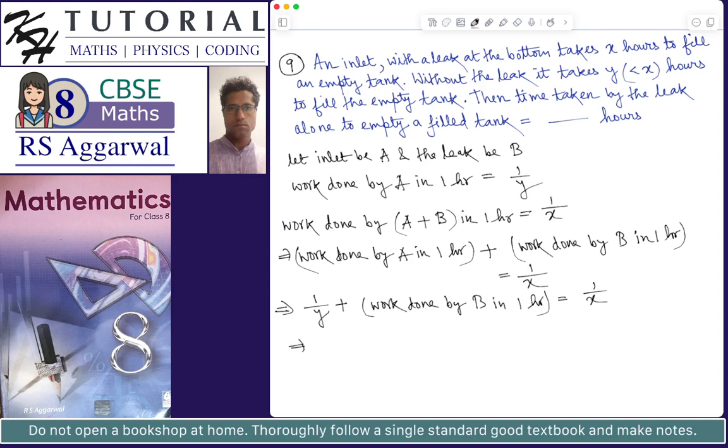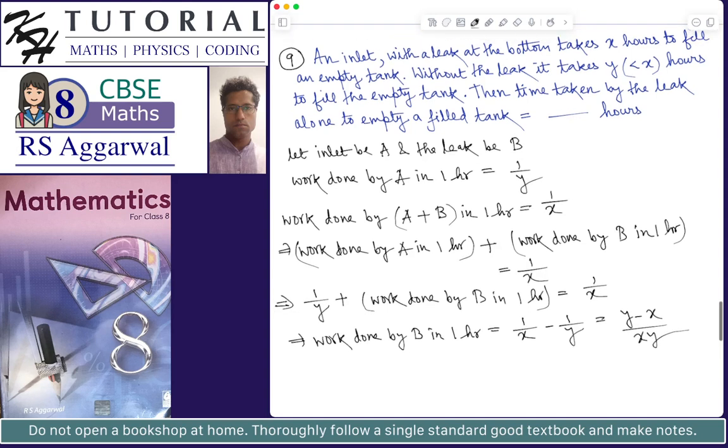So this implies now we can find what is work done by B, the leak, in 1 hour. It will be equal to 1 by x minus 1 by y, which is equal to y minus x divided by x y.